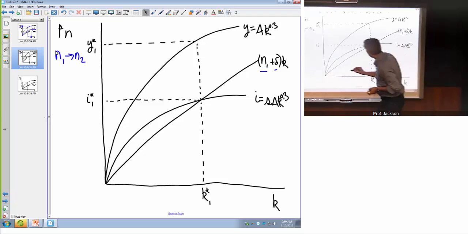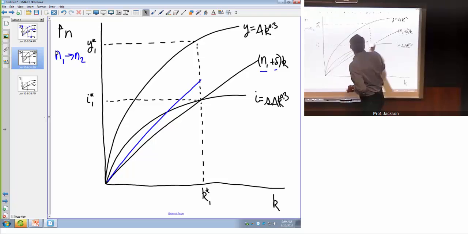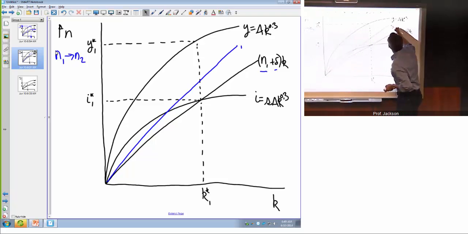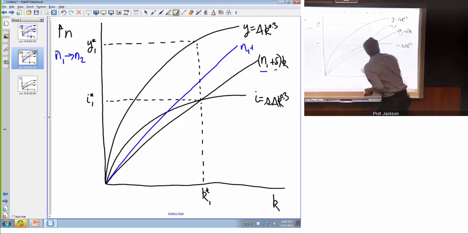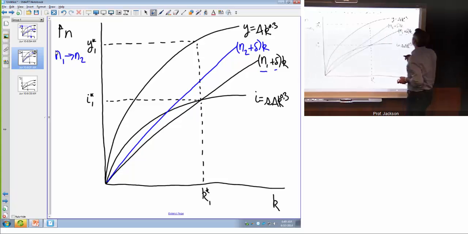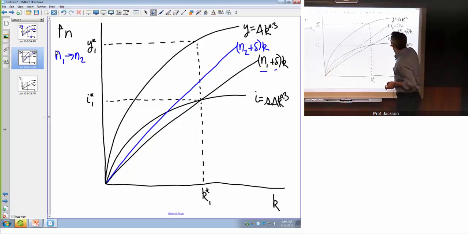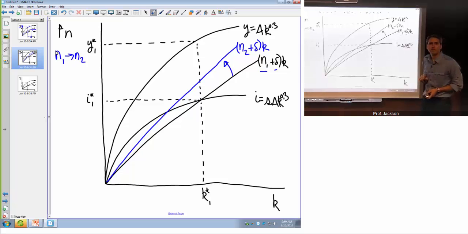That means the slope of this capital depreciation and dilution line is going to get higher, so the line is going to get steeper and rotate up.